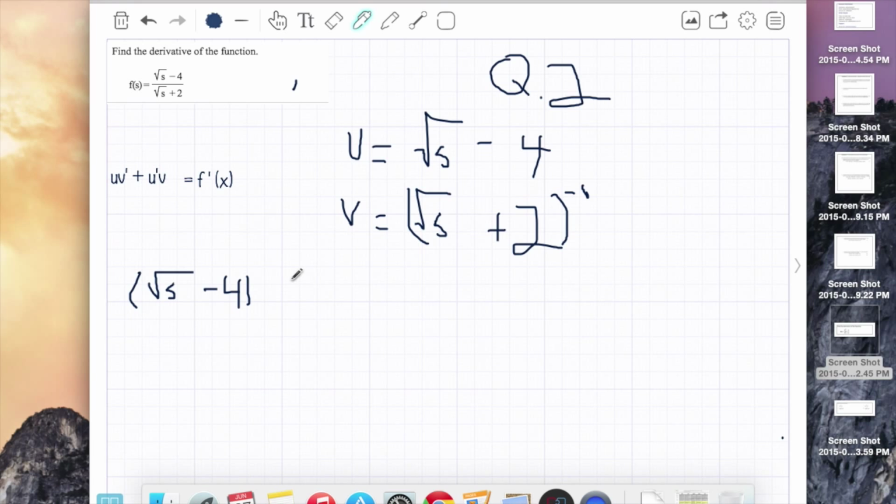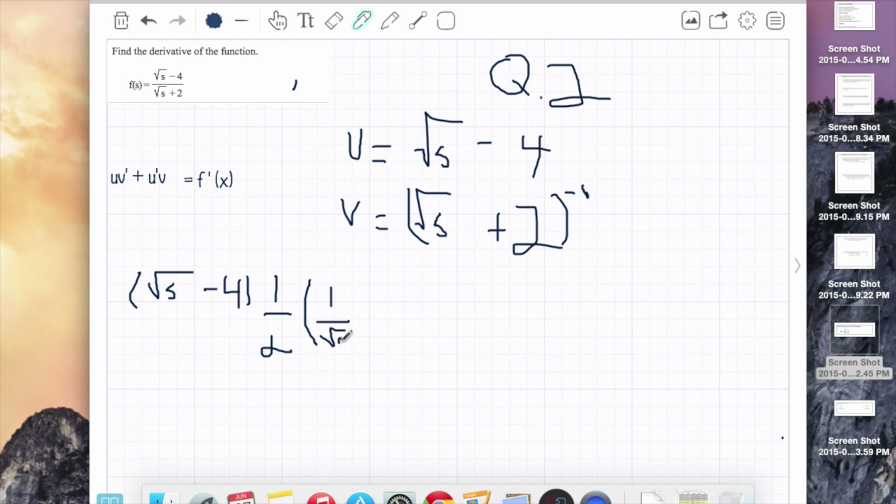of v, which we can do by doing a chain rule, where we take the derivative of the inside and the derivative of the outside of the function. So the derivative of the inside of the function, because it is the square root of s, is 1/2, because s is to the 1/2 power, times 1 over the square root of s.